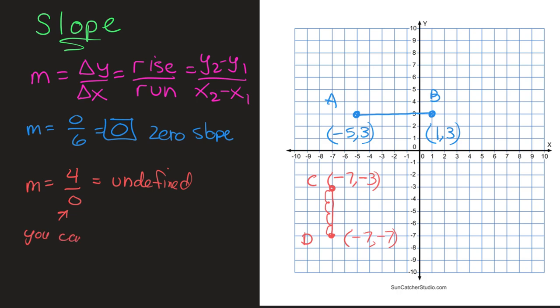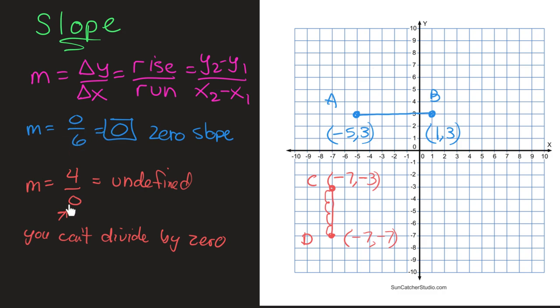You can't divide by 0. And just to make sense of this, 0 divided by 6 is 0 because how many 6s does it take to get to 0? It takes 0 of them, and 6 times 0 is 0. Okay, that's why that works.